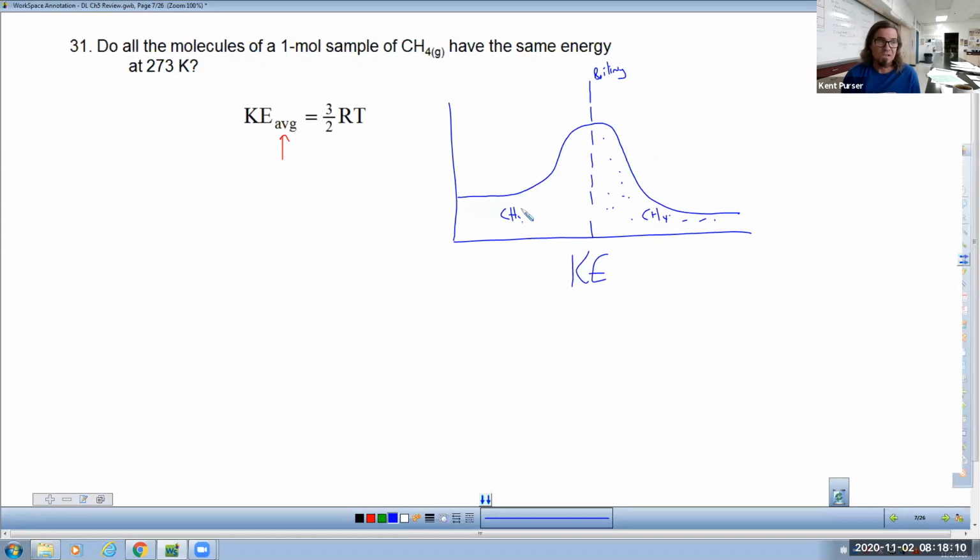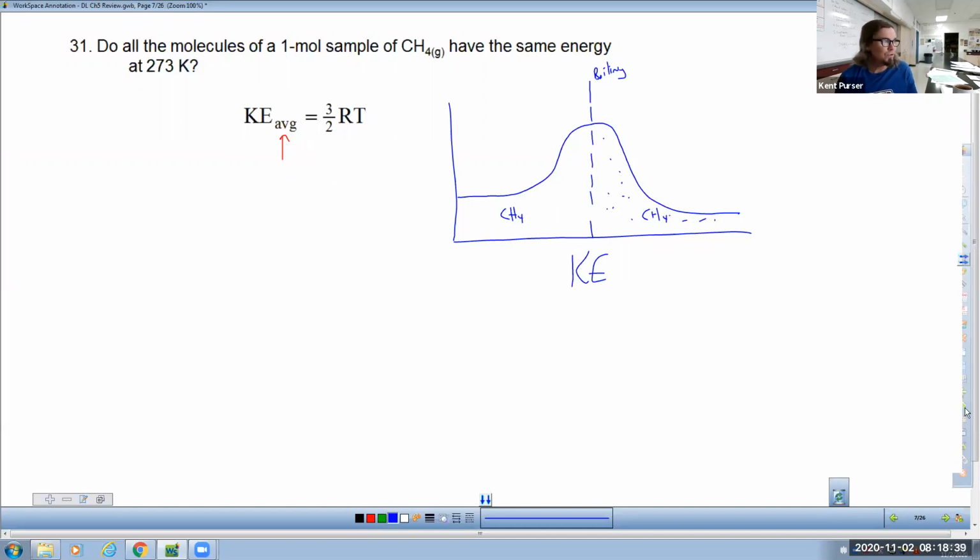The slower ones have less kinetic energy, therefore they have less temperature. So kinetic theory says that boiling is a cooling process because the higher temperature, higher kinetic energy particles leave, and the ones that are left behind are the slower, lower kinetic energy, therefore lower temperature particles. But the answer to this question, do they all have the same energy? No, it's an average. So some have more, some have less, so that the average is the average.